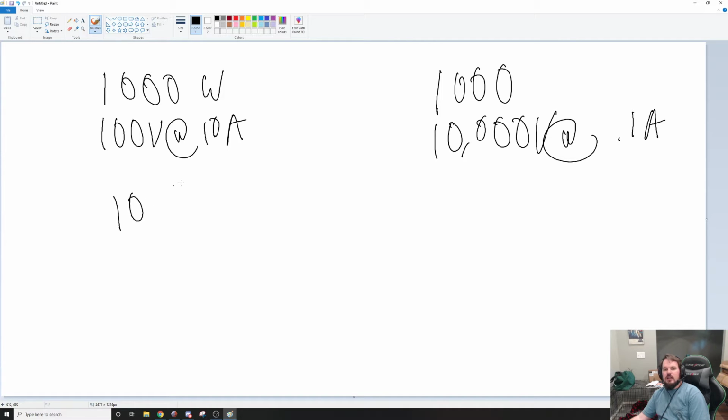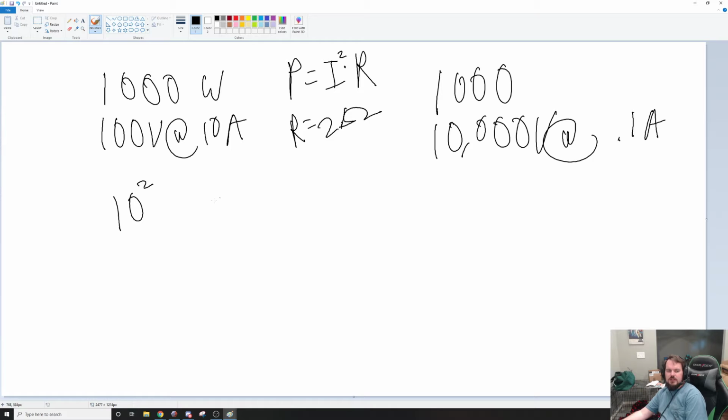we're going to be using P equals I squared R for our formula. So that's 10 squared, and we'll say we have 2 ohms of resistance in both of these. So the resistance of the wire going out to the load is 2 ohms. We don't need to care about the voltage drop on the wire.